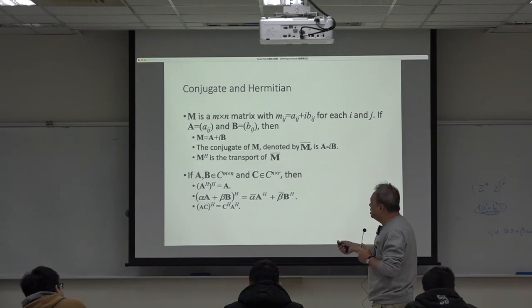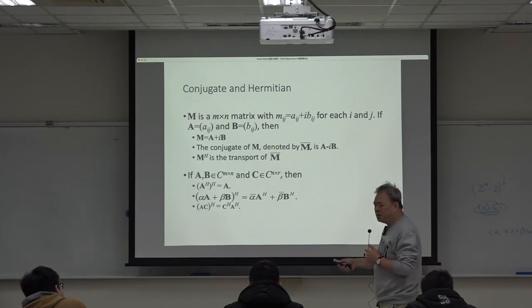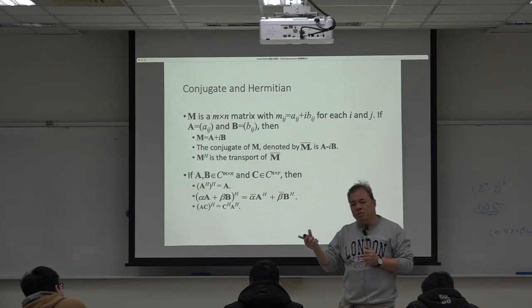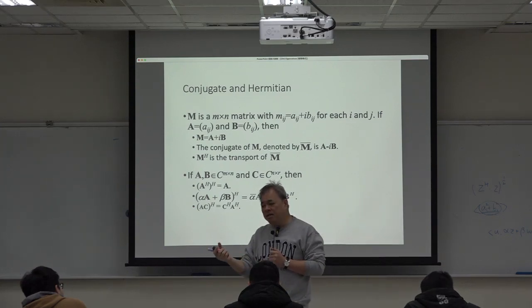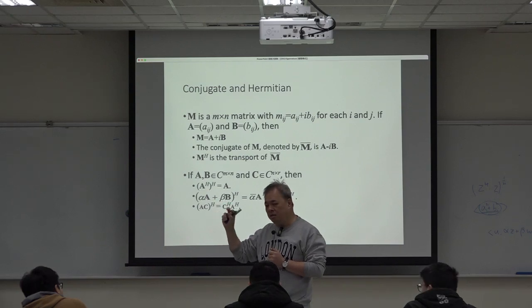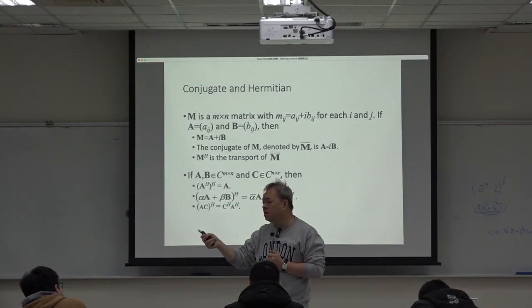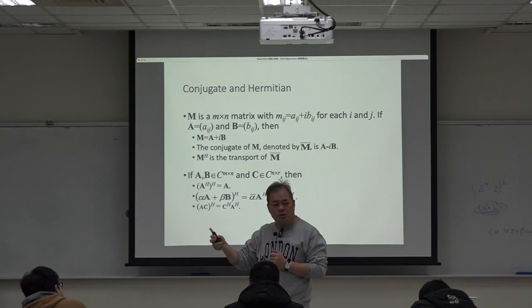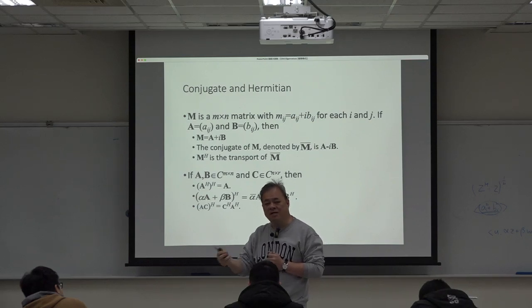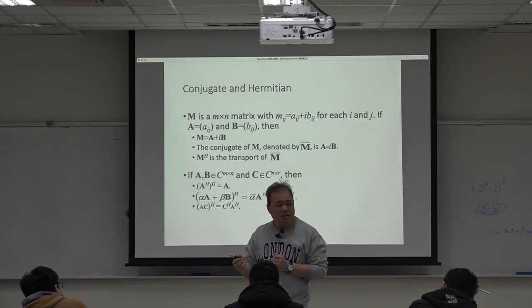So M^H is the transpose of M bar. As I said, for M^H you first get the conjugate of each component and then do a transpose. It applies for vectors and for matrices, pretty much similarly.